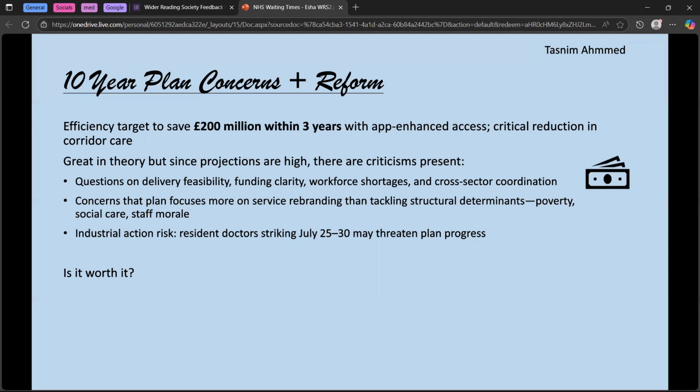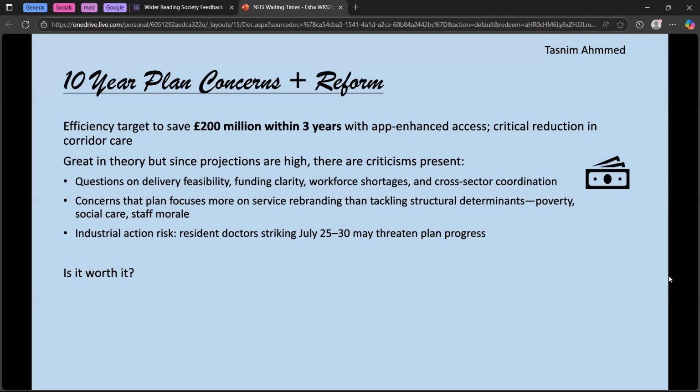And there's also the worry about cross-sector coordination, where public and private healthcare will be incorporated into one, especially with GPs and hospitals. There are worries about how this will actually be put into place, but there's around 99% of GPs within England that are willing to work with local hospitals, which is obviously a great thing.